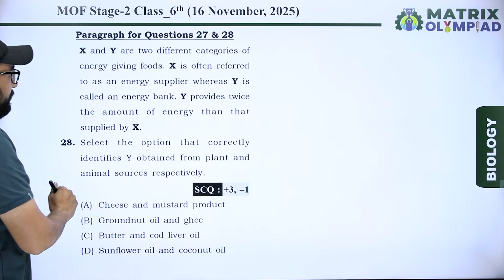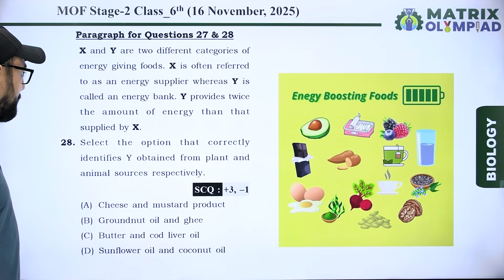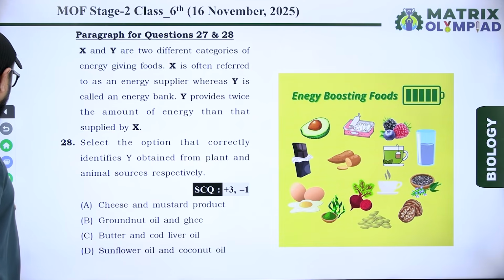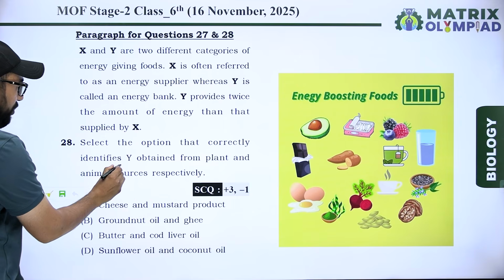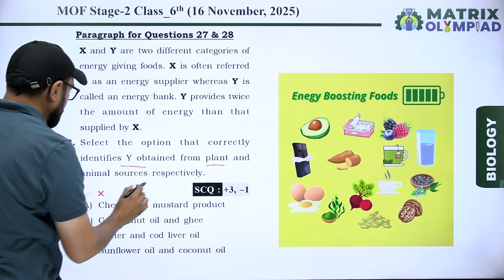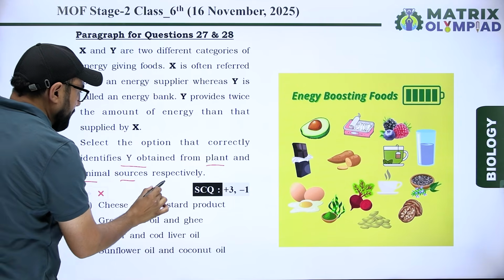Next, select the option that correctly identifies Y obtained from plant and animal sources respectively.